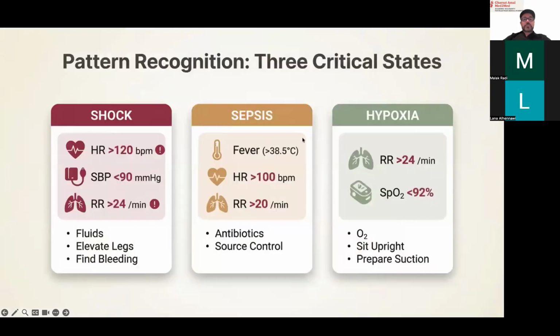When we see pattern recognition, there are three big patterns that you will see almost all the time. Those patterns are shock. We said shock starts with high heart rate before the blood pressure drops. Again, I'm going to tell you this. We are not designed to have a heart rate in the hundreds, 120s, 130s.